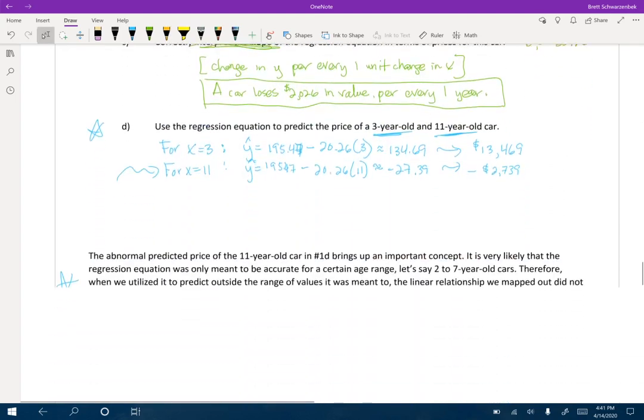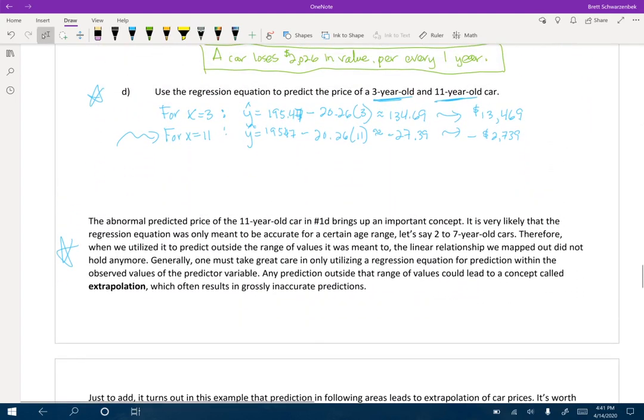So going on, it says, therefore, when we utilized it to predict outside the range of values it was meant for, the linear relationship we mapped out didn't hold anymore. Generally, one must take great care in only utilizing a regression equation for prediction within the observed values of the predicted variable. Any prediction outside the range of values could lead to a concept called extrapolation, which often results in grossly inaccurate predictions.